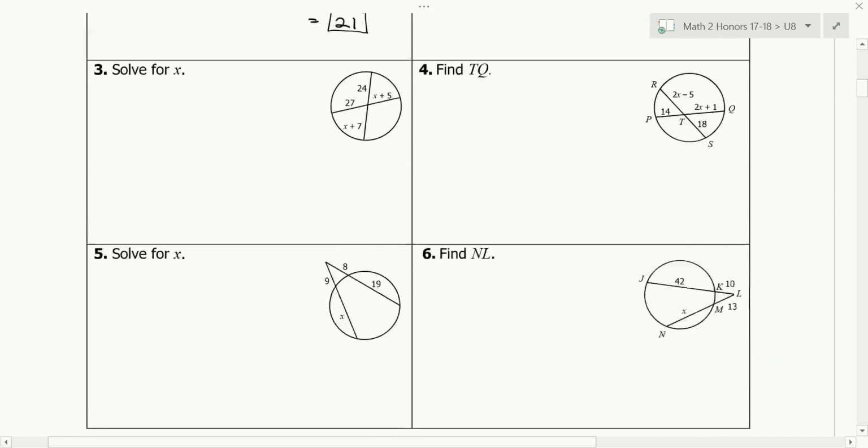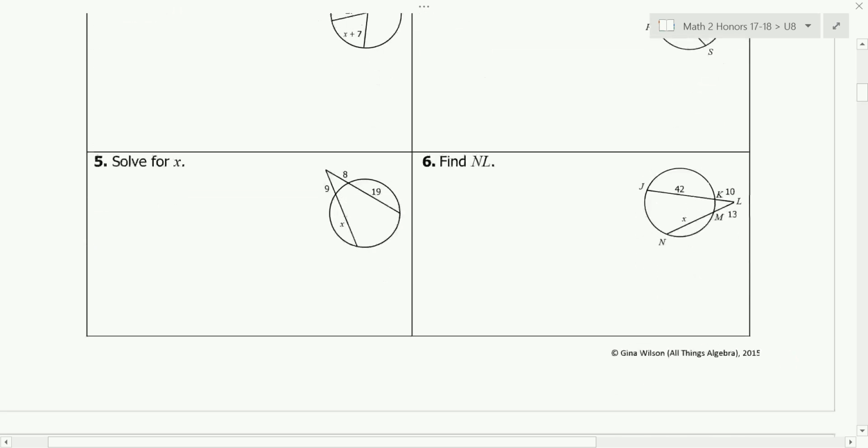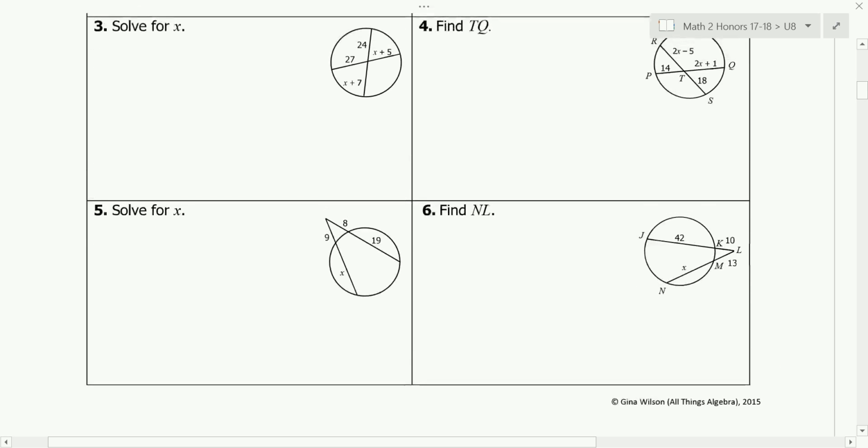Let's now skip down to number 5. Go ahead and solve for x in number 5.